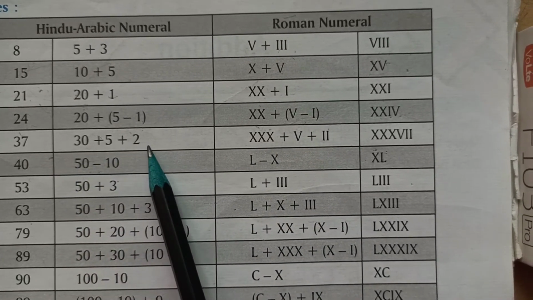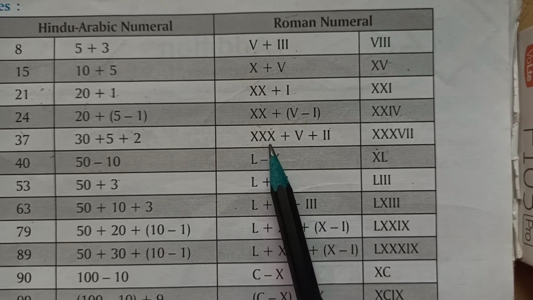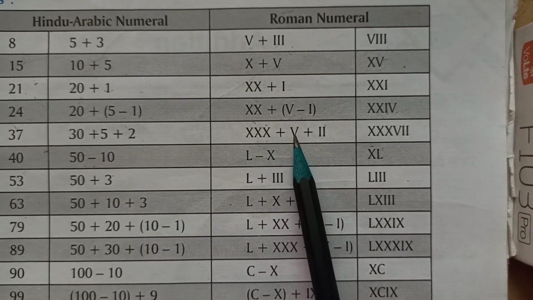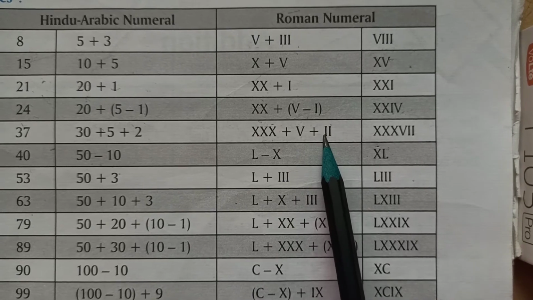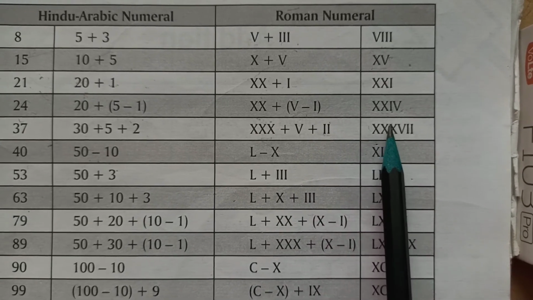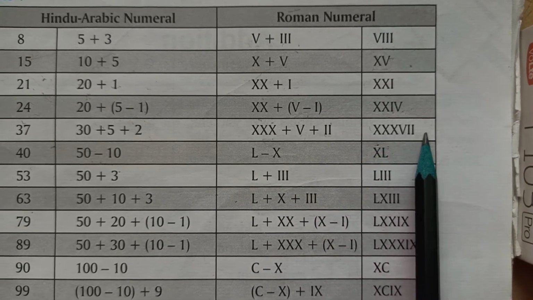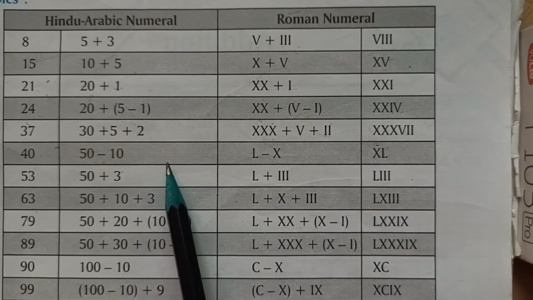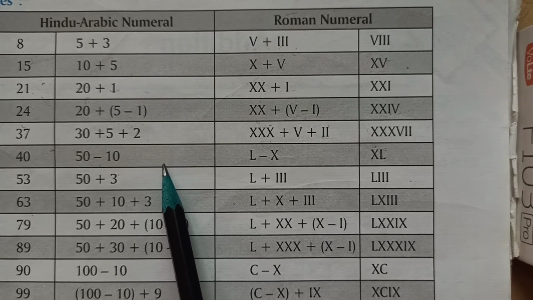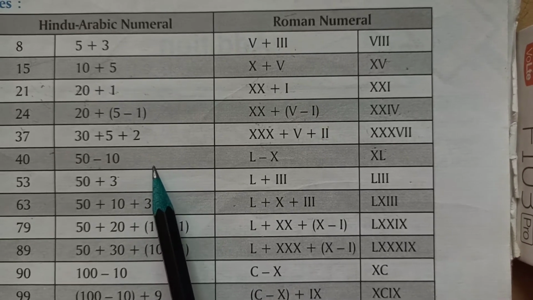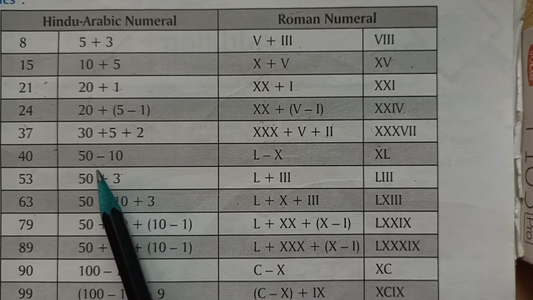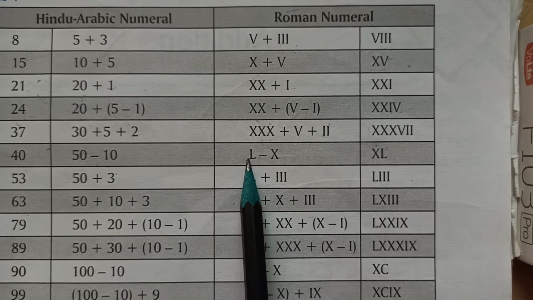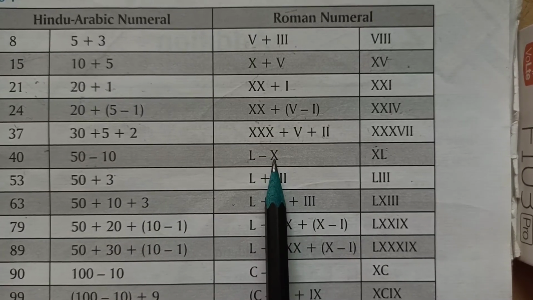Similarly, you can see here 37. 30 plus 5 plus 2. That is X for 3 times means 30, plus V, that is 5, plus I for 2 times, that is 2. XXXVII denotes 37. Similarly, 40 we have. There is no alphabet that denotes 40, and we have a greater Roman number, that is L, which denotes 50, and X, which is the smaller one.